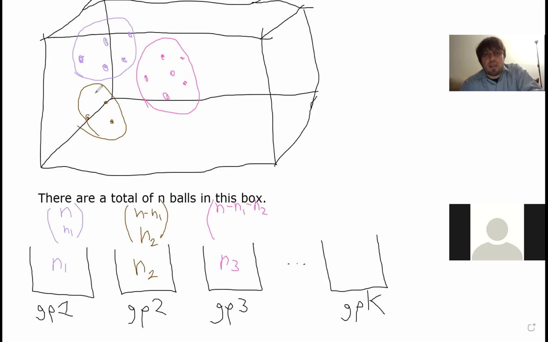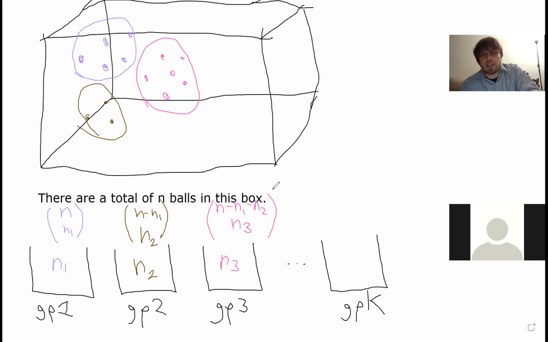So now what you have left is n minus n1 minus n2 things in the remainder of the box, and you want to choose n3 many of them for group 3. So there are n minus n1 minus n2 choose n3 many ways to choose n3 things from what's left in the box after you took n1 things away and n2 things away from a total of n things.